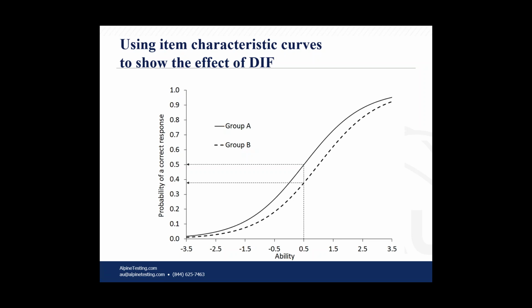So in this example, we're looking at one item and how it performs for 2 different groups of people. It could be males versus females, or different racial groups, or different countries, or different native languages, or different testing centers. But in this case, we can see for this particular item, if you take a person with a given ability, let's say this is on an IRT scale, but there's sort of a mid-level of ability.